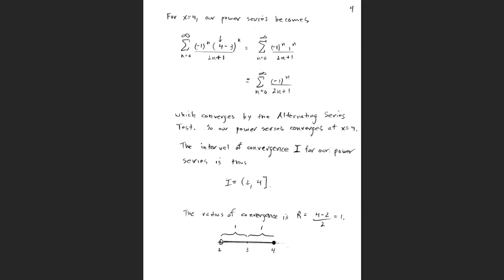So at x equals 4, we substitute in 4 for x. 4 minus 3 is 1.